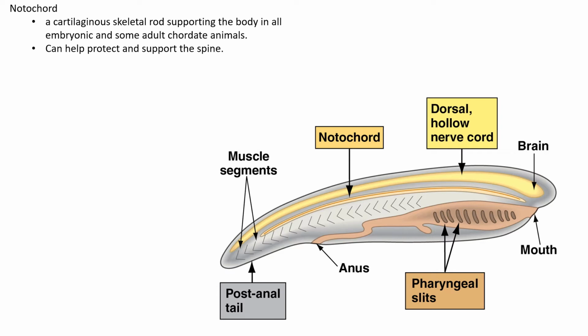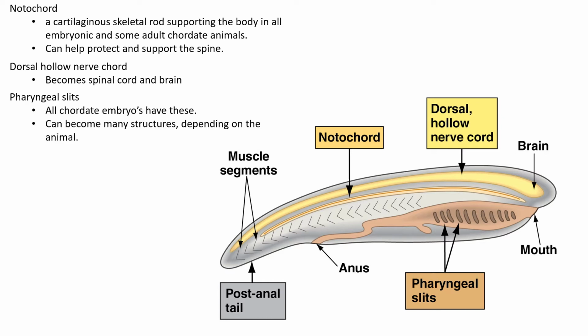So this is actually beneath our neck structure, which is the dorsal hollow nerve cord. Now the dorsal hollow nerve cord is going to become the spinal cord and the brain. And so initially it is just this nerve cord that then will have to become specialized in different regions and will ultimately become the central nervous system for an organism.